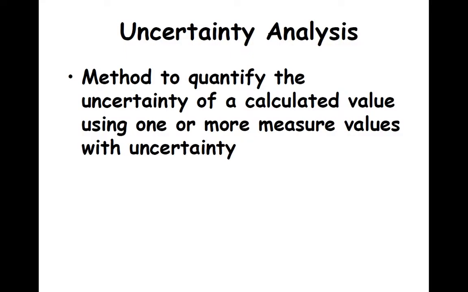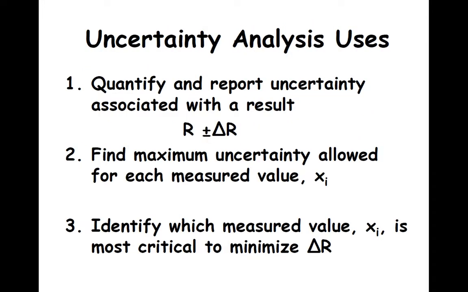The purpose of the uncertainty analysis is to quantify the uncertainty of a calculated value using multiple measured values, each with measurement uncertainty. We can get three pieces of useful information from uncertainty analysis. First, it can quantify and report the uncertainty associated with a measured result in the form of R plus minus delta R. Second, it can help find the maximum uncertainty allowed for each measured value xi.